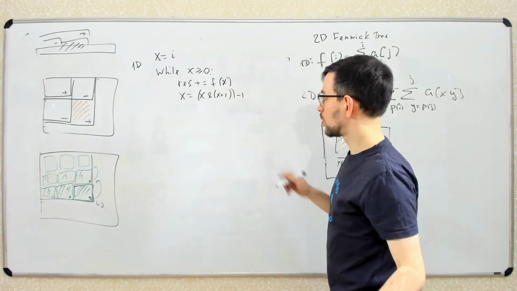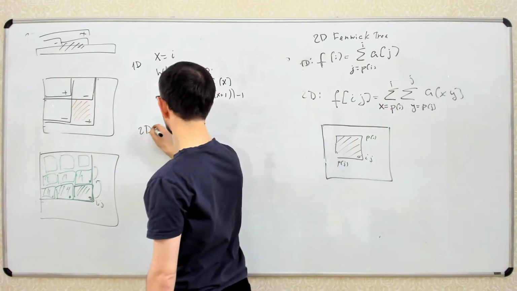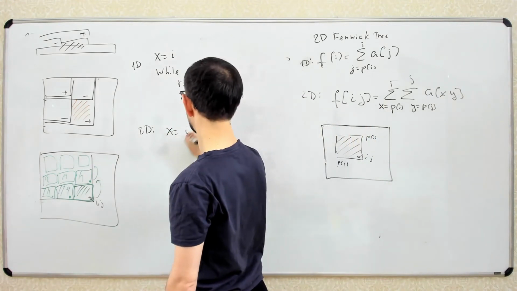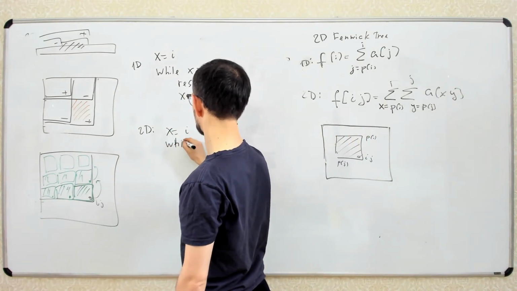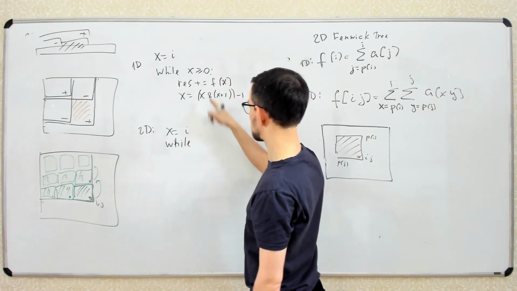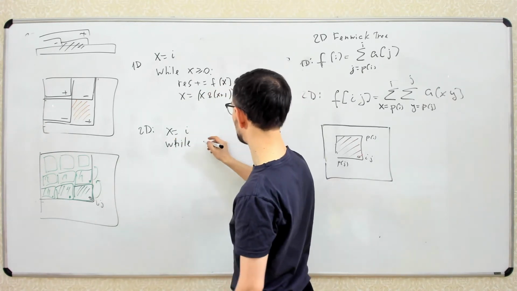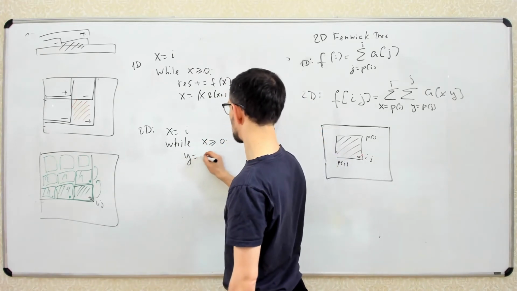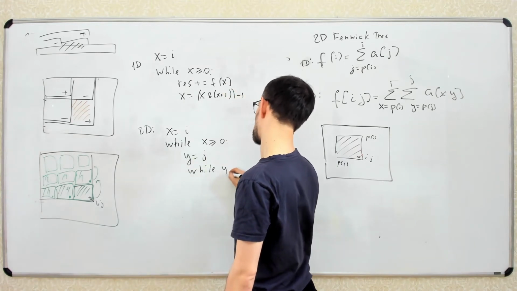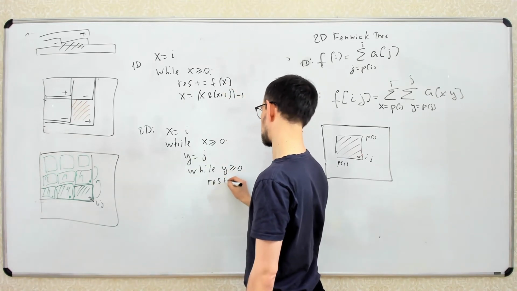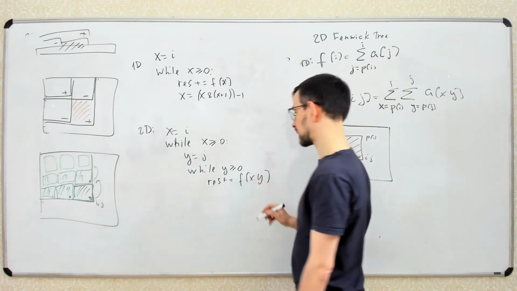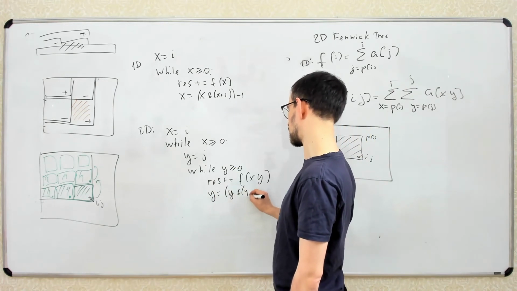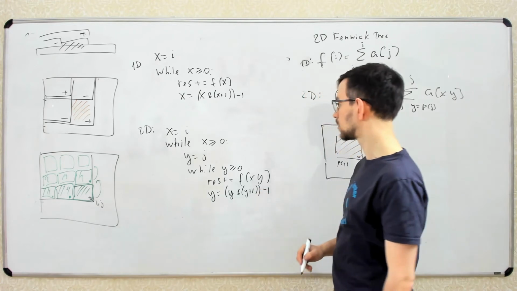And if we want to do the same in the two-dimensional case, we just make the same loop twice. So we start from x equal to i, while x is at least 0. And here we make another loop: y equal to j, while y is at least 0, we add the value F of x y, and then move y, y becomes y and y plus 1 minus 1.